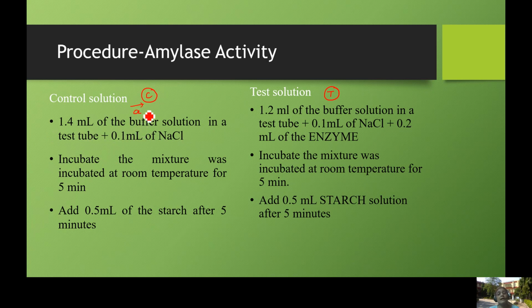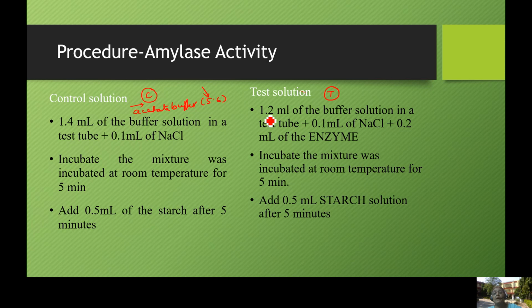Okay, that is the acetate buffer. The pH is 5.6, which is the optimum pH of salivary amylase, the sample we use here. We find that the activity of salivary amylase is maximum at this pH. You add 1.4 ml of the buffer solution, and then 0.1 ml of the given 1% sodium chloride solution.